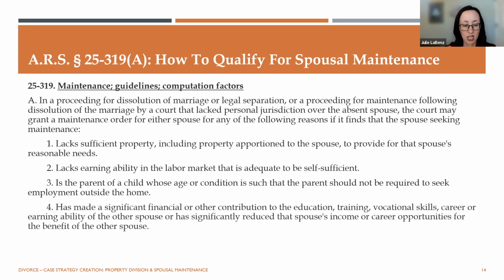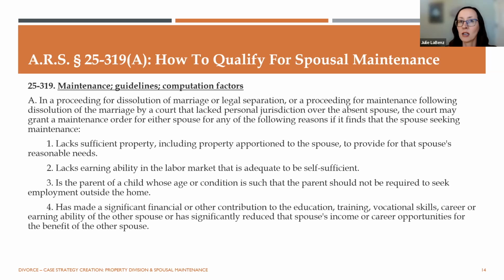Number 4, if you made a significant financial or other contribution to the education, training, vocational skills, career, or earning ability of the other spouse, or you significantly reduced your income or career opportunities for the benefit of your spouse, you could qualify for spousal maintenance.